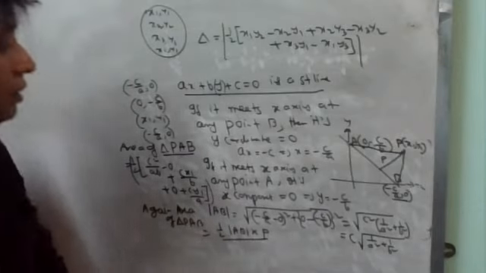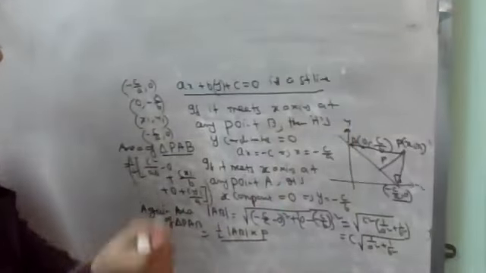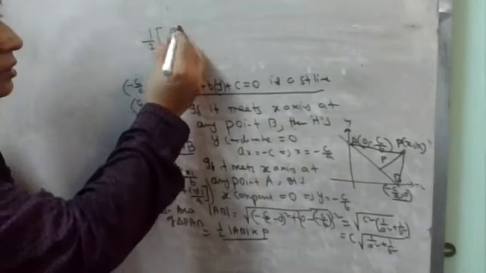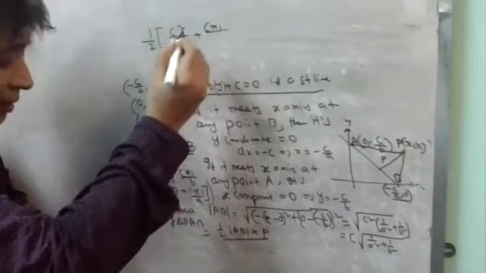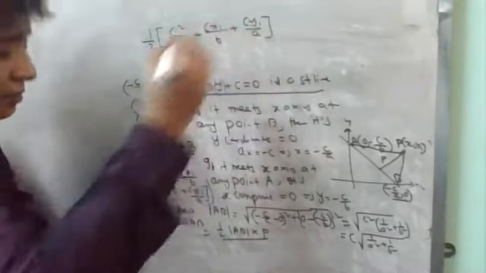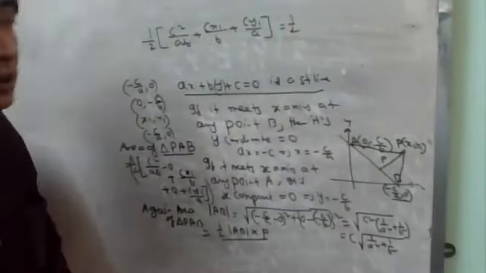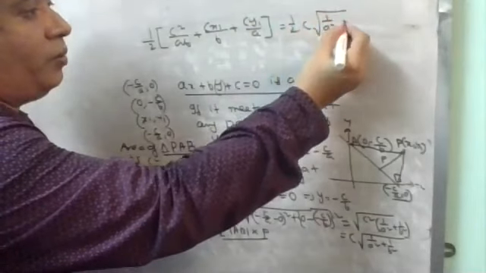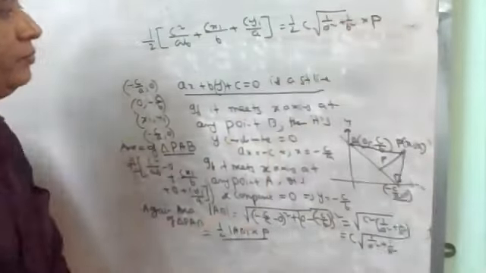So I am rubbing the upper part. Hope you understood. I can write half c square by AB plus c x1 by b plus c y1 by a is equal to half c root over 1 by a square plus 1 by b square into p.